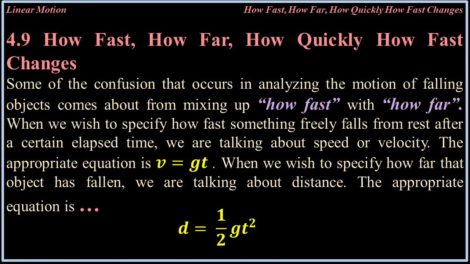The appropriate equation is v equals gt. When we wish to specify how far that object has fallen, we're talking about distance. The appropriate equation would be d equals 1/2 gt squared.